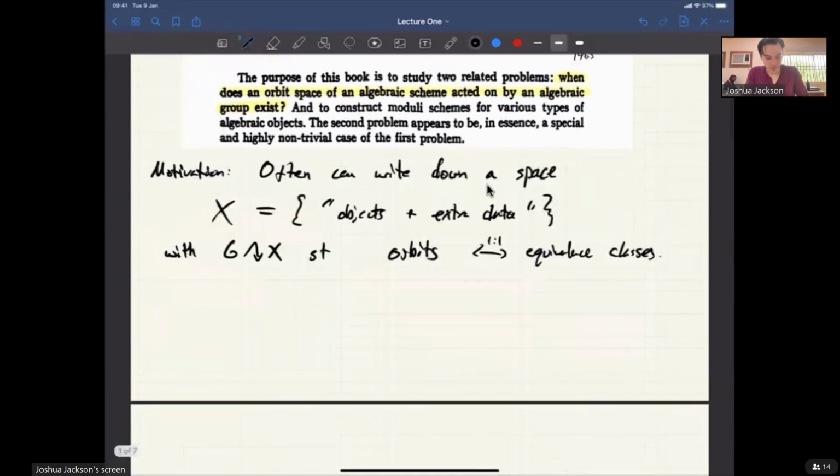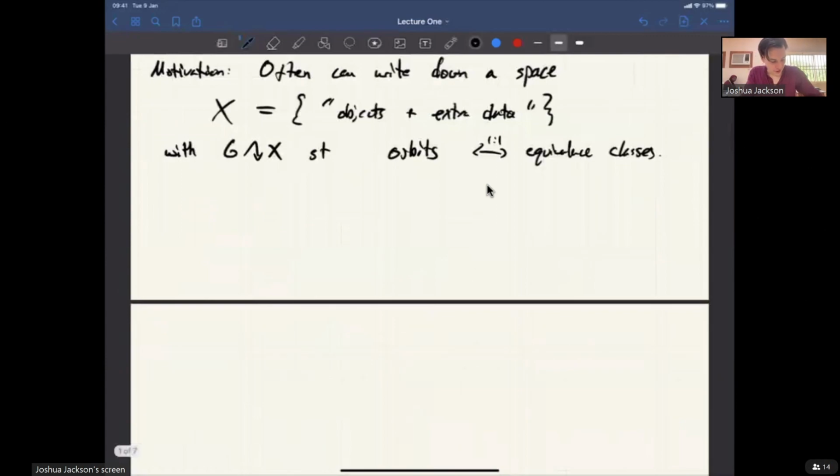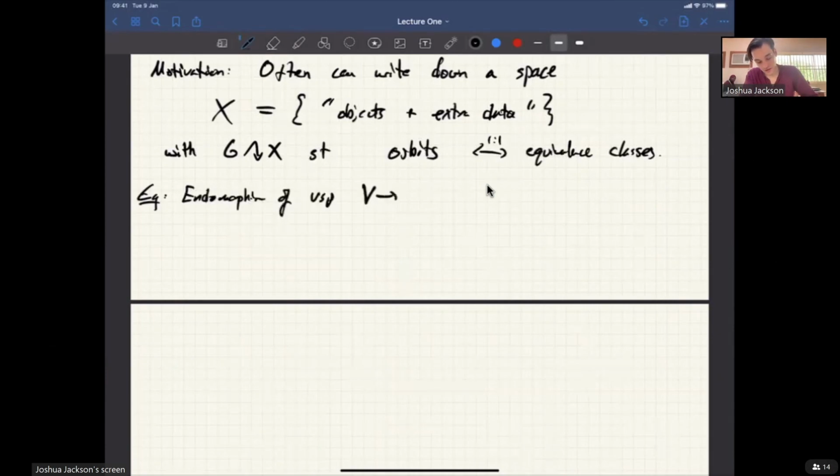Let me give you a couple of examples. One of the nice standard examples that everybody has seen is endomorphisms T from V to V of a vector space V of dimension n. The notion of equivalence here is fairly straightforward.